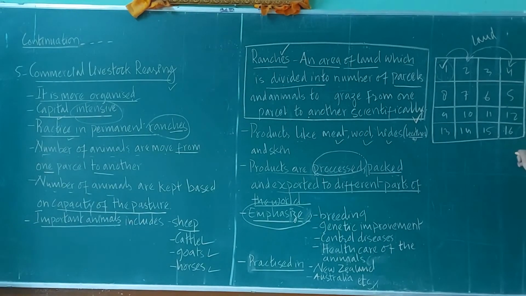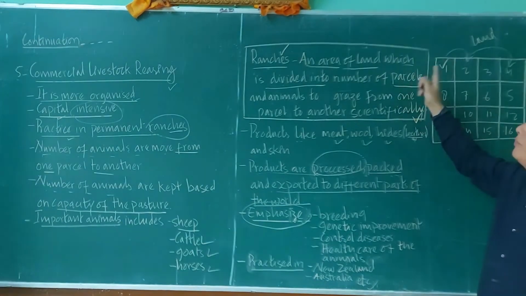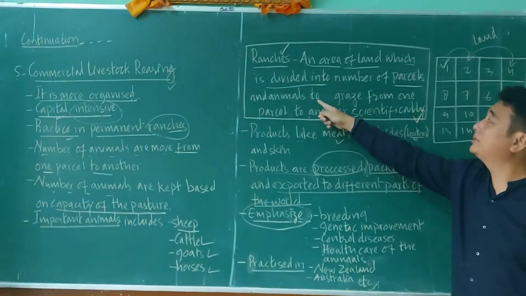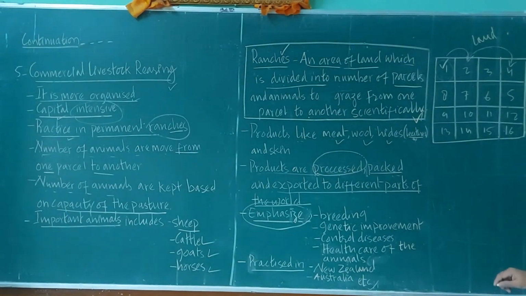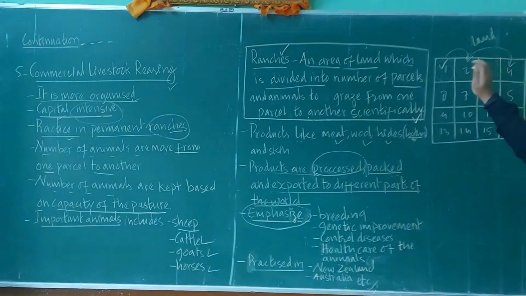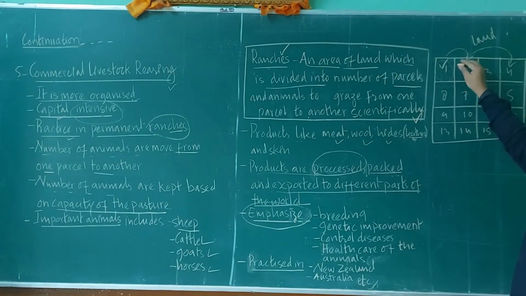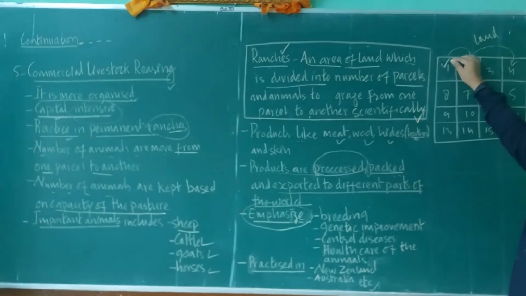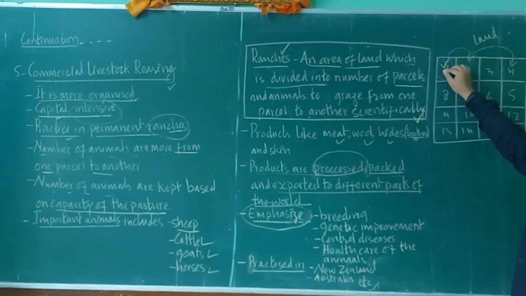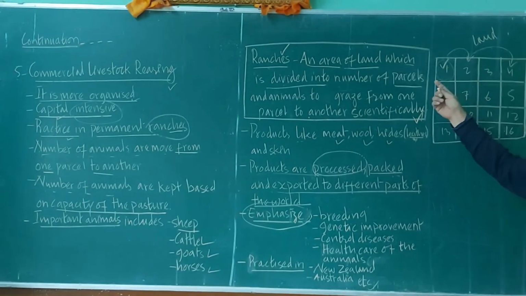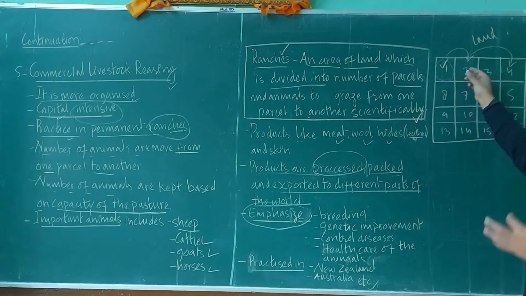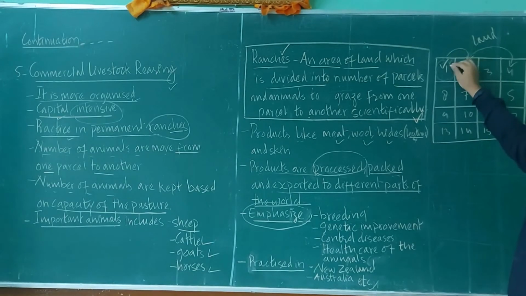We get 16 parcels, and animals graze from one parcel to another scientifically. They graze the animals in these parcels, one after another, according to the size of the pasture.